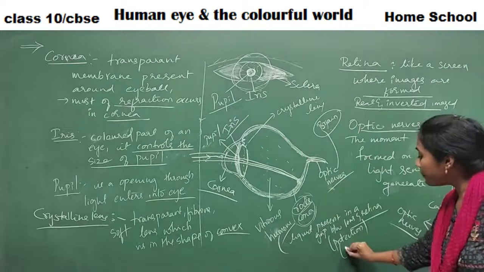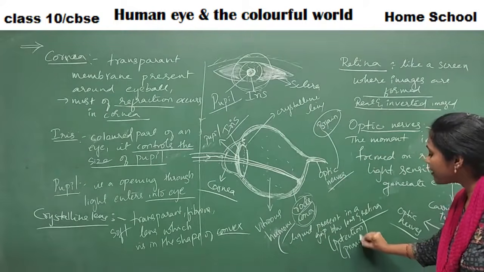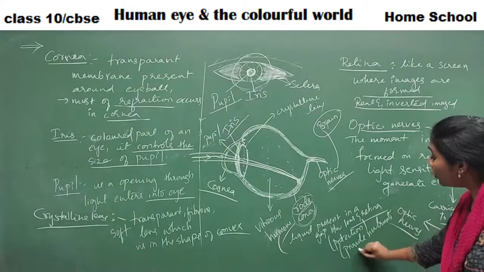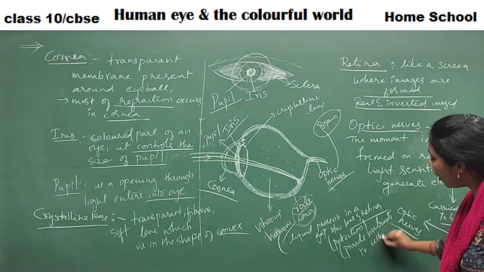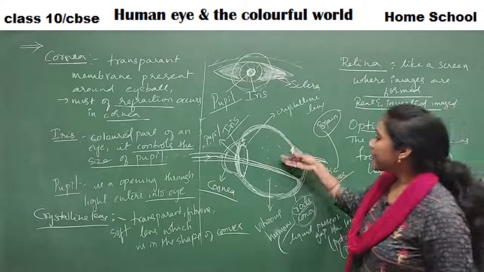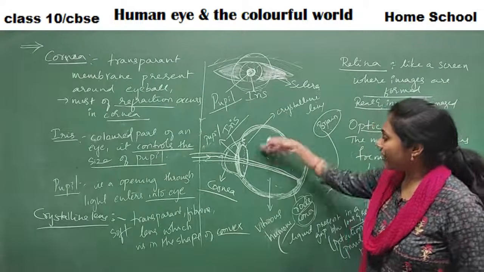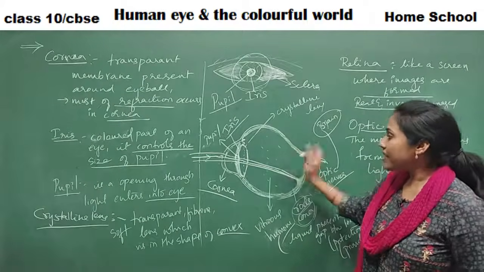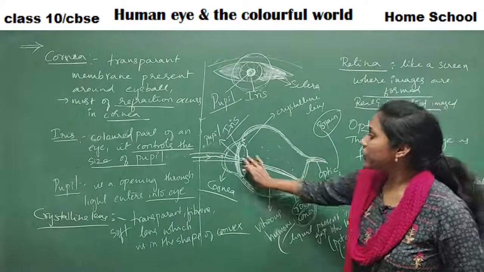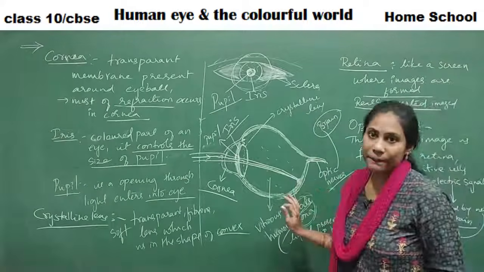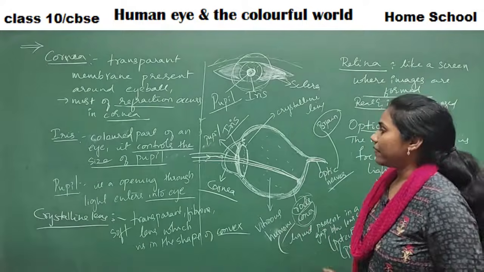Vitreous liquid provides the nutrients to the cells of the eye. Clear? All amino acids, vitamins, minerals, everything will be there in this vitreous liquid, and this liquid provides nutrients to each and every part of the eye. That is about vitreous liquid.